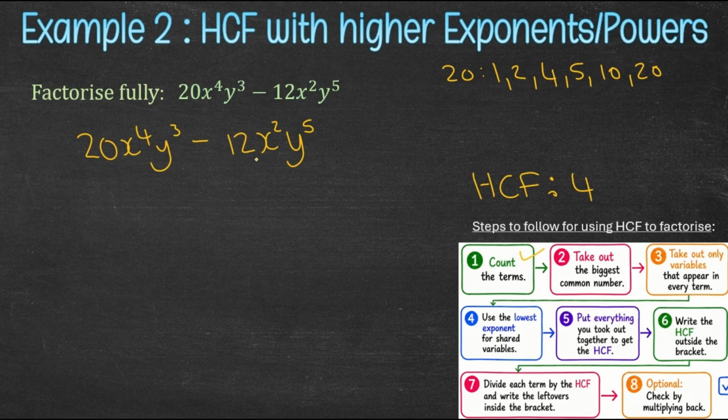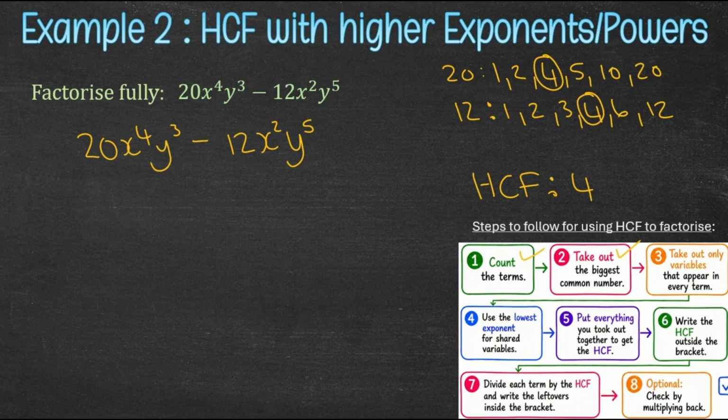And the factors for negative 12, remember we're only going to look at the 12 for now, are 1, 2, 3, 4, 6, and 12. Now I can easily see that this 4 is the highest number that is found in both these factor sets. So that's why I could say that 4 will form part of my HCF. So my second step is done.